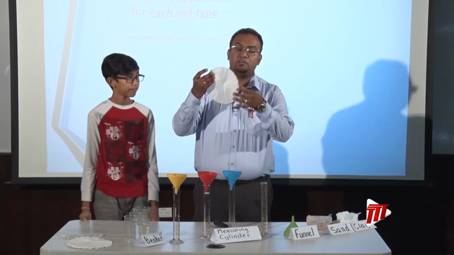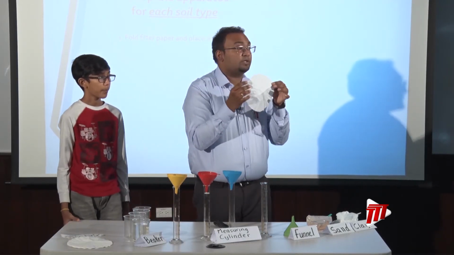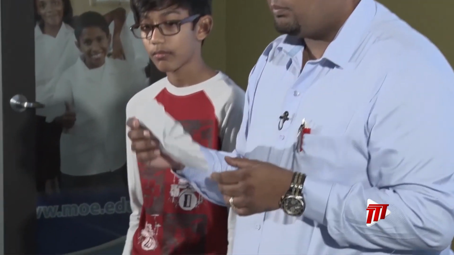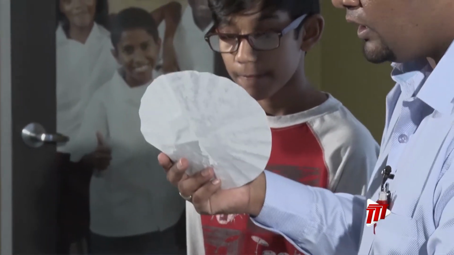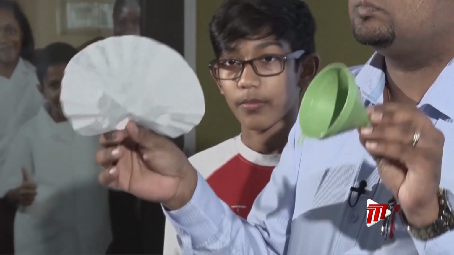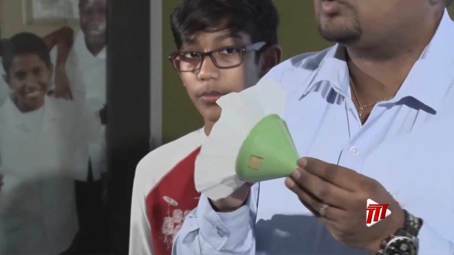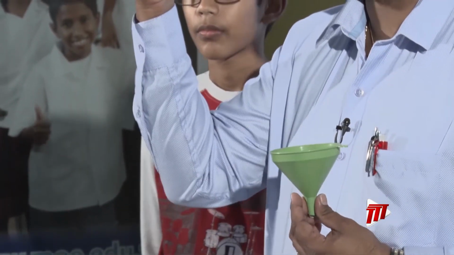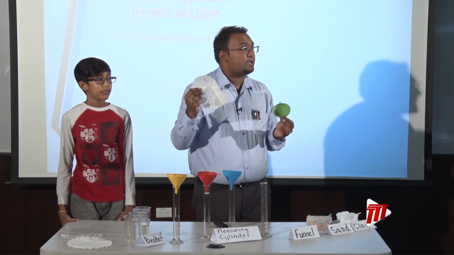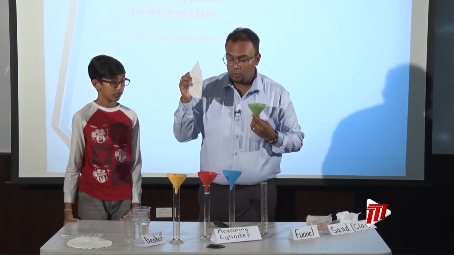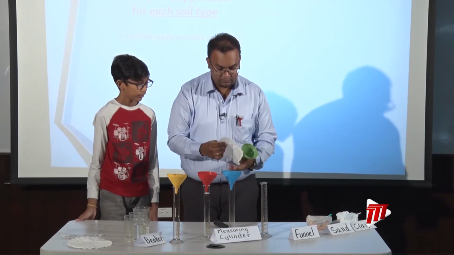So this is our filter paper that we are using. Usually they come in circles of different sizes. But if we are going to use this in the funnel as it is, it's not going to be neat. It could cause errors. So we need to know how to make this into a shape to fit the funnel properly. And how do we go about doing this?